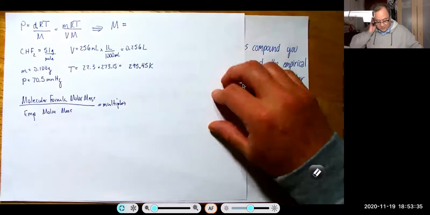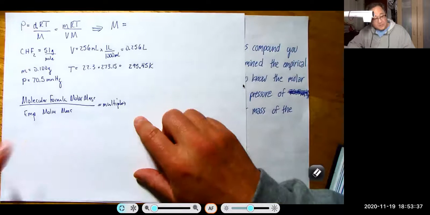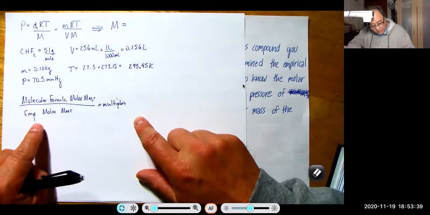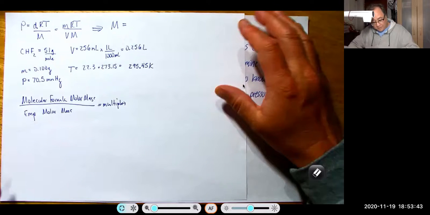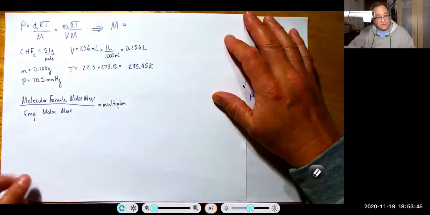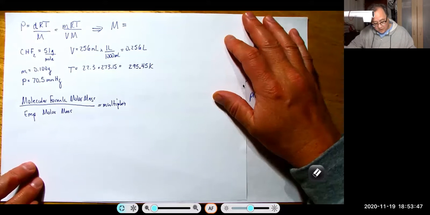So we should be able to figure out what the molecular formula is since we know the empirical formula, and presumably once we have the molar mass, we'll be able to figure out the multiplier. Okay.